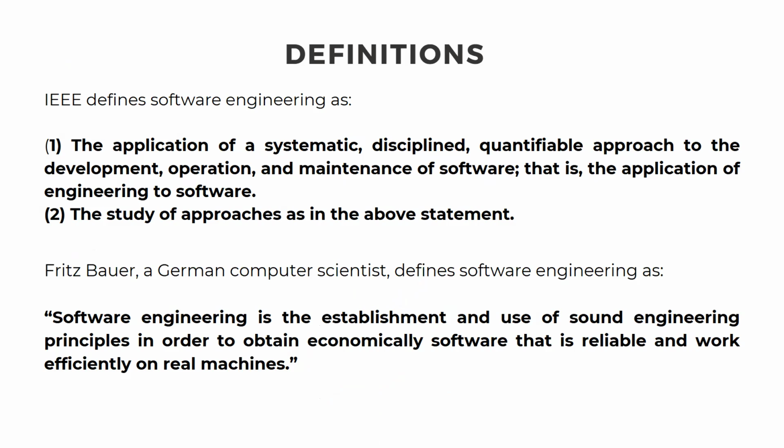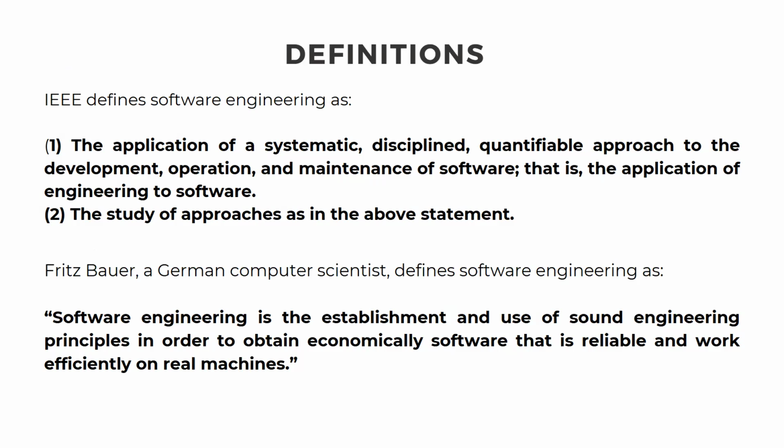Before we go into the depth of the different models and how they apply, let us see how IEEE, which is an international body of electrical and electronics engineers, defines software engineering. They define it as a systematic, disciplined approach to software development and maintenance.